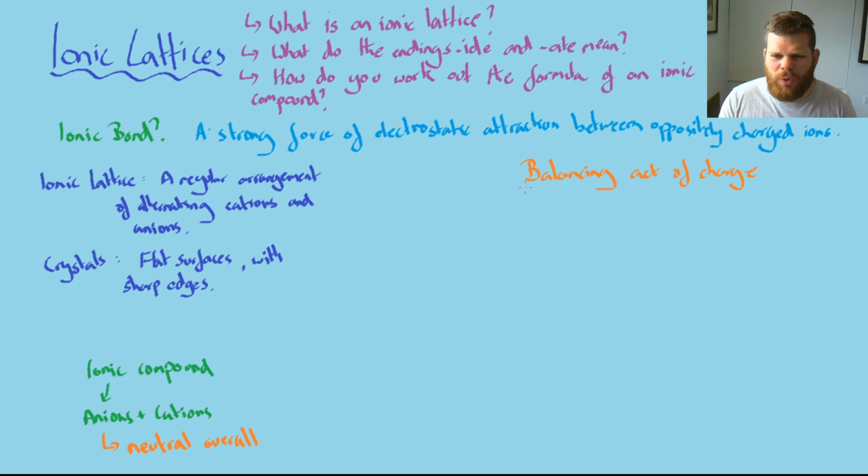Okay, that's what this is all about. So, how do we know what the charges of different ions are? Well, there are two ways. The first is to use the periodic table.